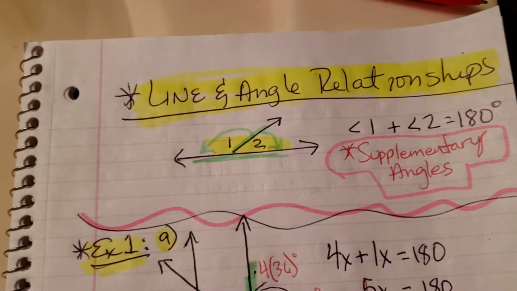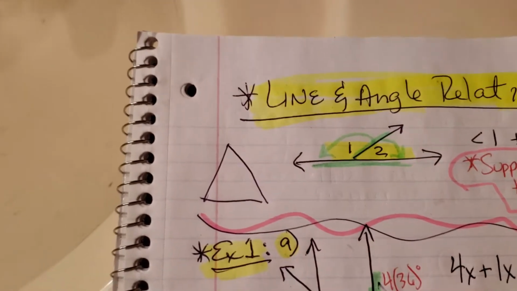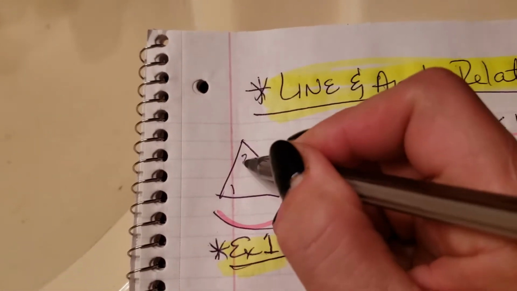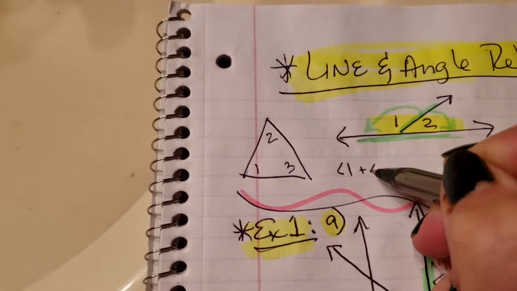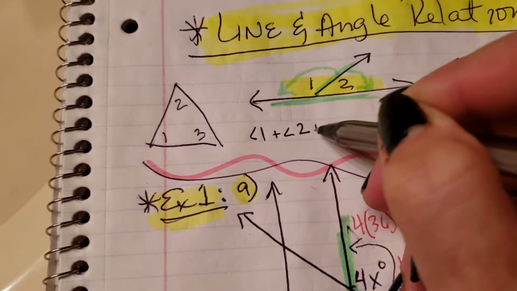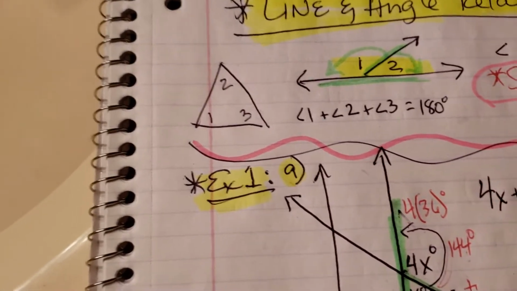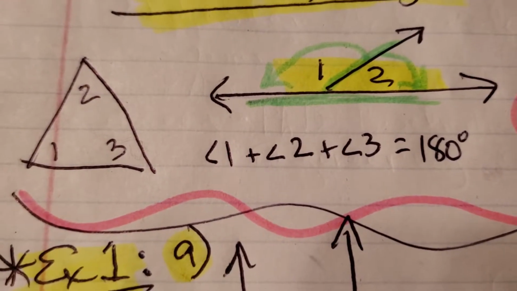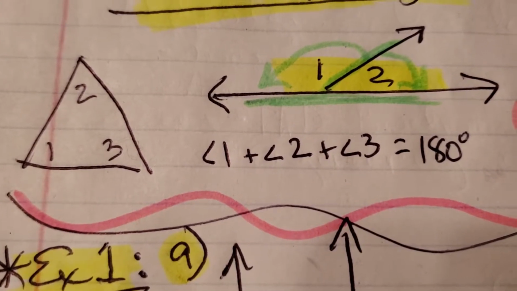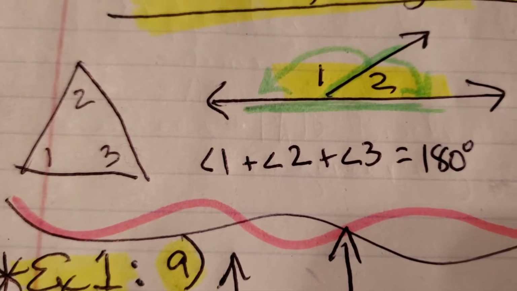But also I want to remind you that the three angles in a triangle, so angle 1 plus angle 2 plus angle 3, equal 180 degrees as well, okay? So we have to remember that theory as well. The sum of the three angles of any triangle equals 180 degrees.